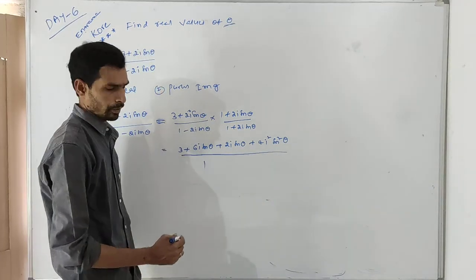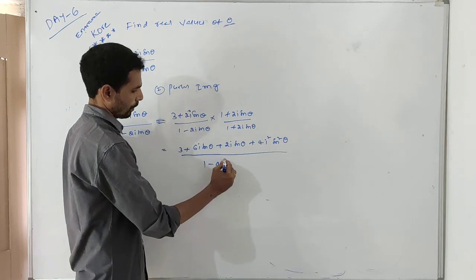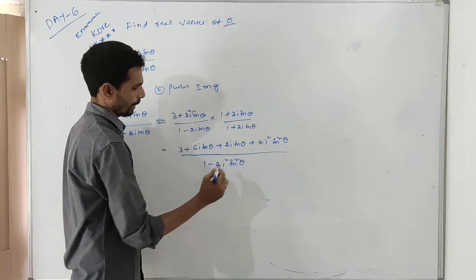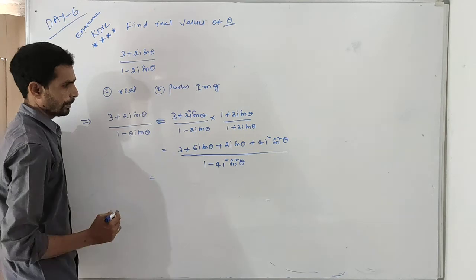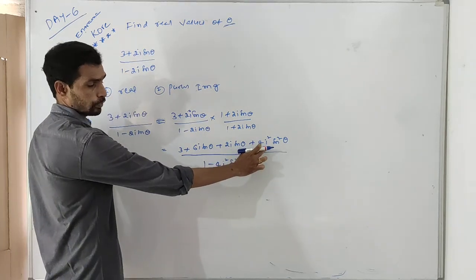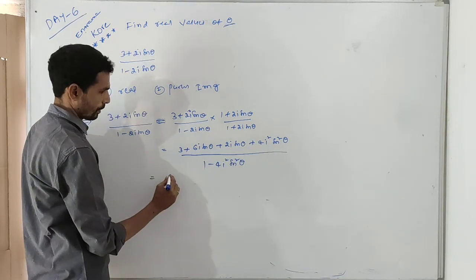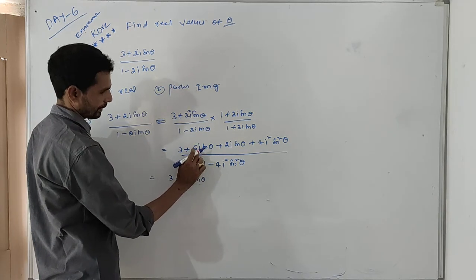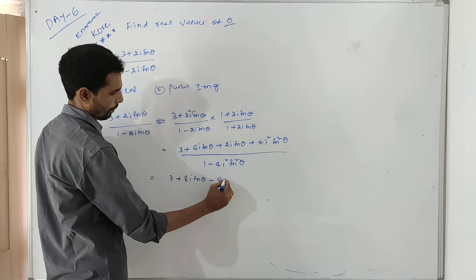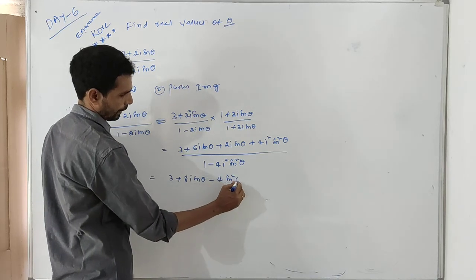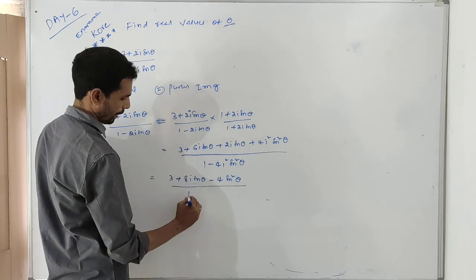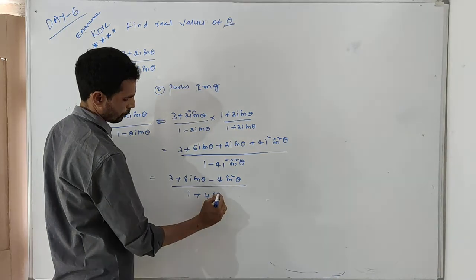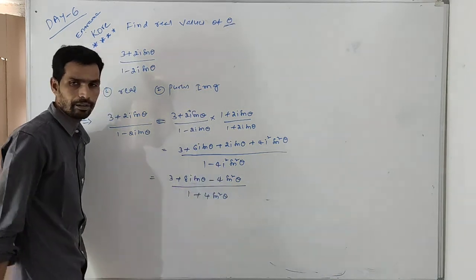A square value is 1, b square value is minus 4i square sin square theta. I square value is minus 1. So 3 plus 8i sin theta, because 6i plus 2i is 8i sin theta, minus 4 sin square theta, by 1 plus 4 sin square theta.